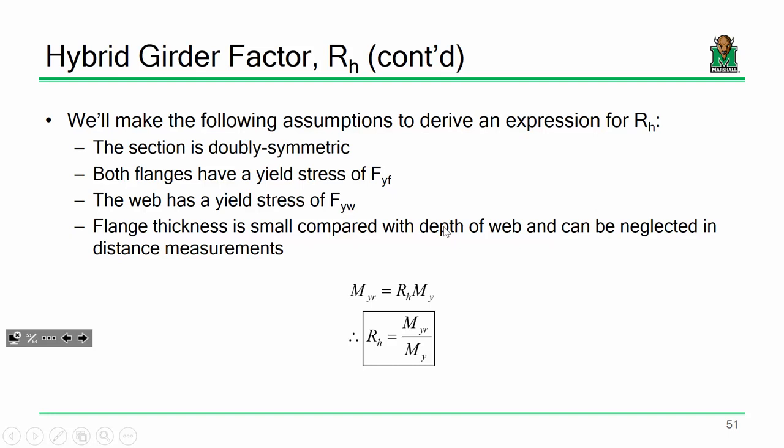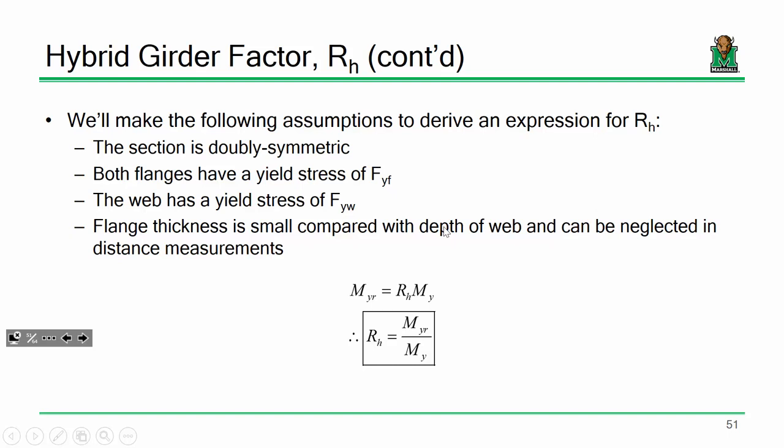To make this derivation, I'm going to make a few assumptions. Okay. First off, just to keep this simple, I'm going to assume the section is doubly symmetric. So right off the bat, there is going to be a little bit of error associated with using this in real life. All in all, though, again, it's one of those close enough for government work kind of things. I'm going to assume that both flanges have a yield stress of F_yf, the flange, and the web has its own yield stress, F_yw.